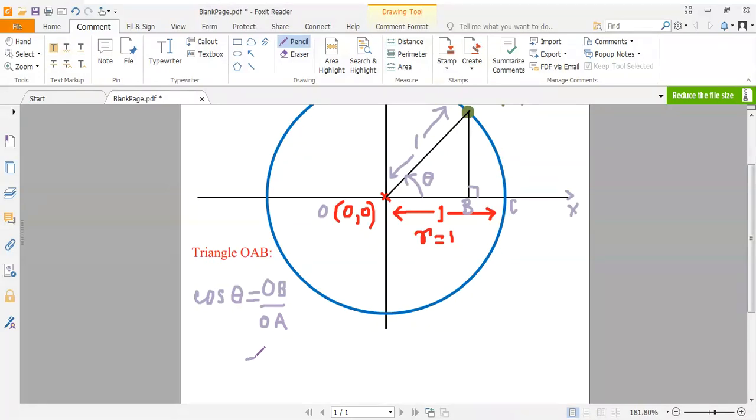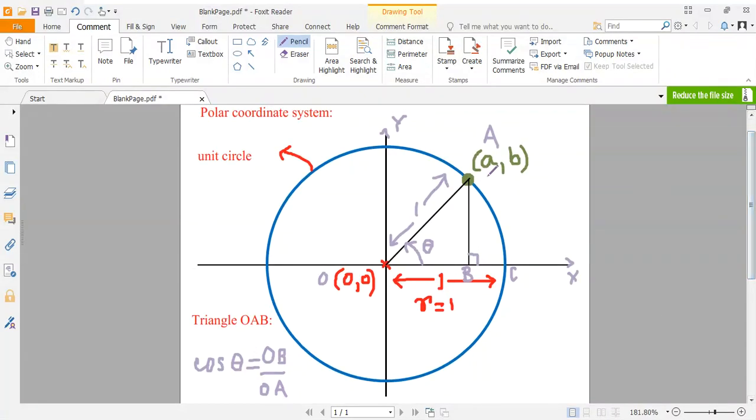Now let me try to find out what these actually are. OB: this point has been set to have the location (a, b). If that is true, doesn't that essentially mean that I have moved a units to the right from the origin, and then moved b units up?